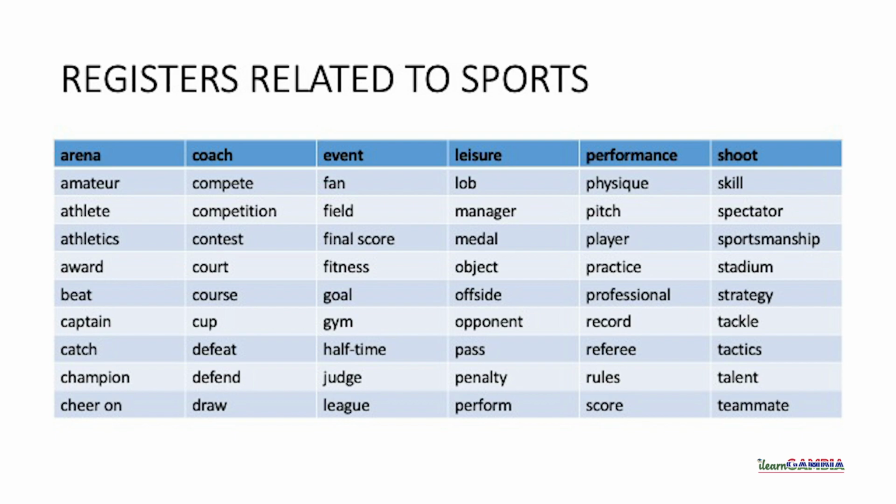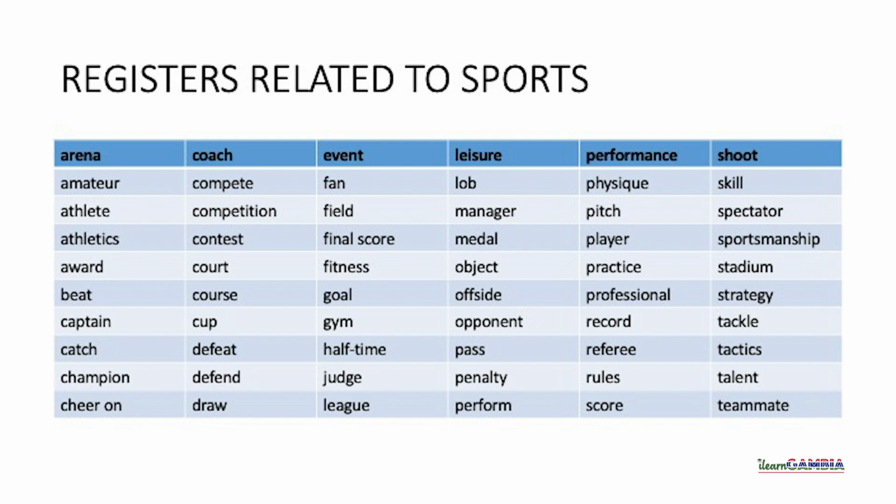You have the judge, league, leisure, lob, manager, medal, object, offside, opponent, pass, penalty, performance, physique, pitch, player, practice, professional record, referee, a very important figure in the area of sports.